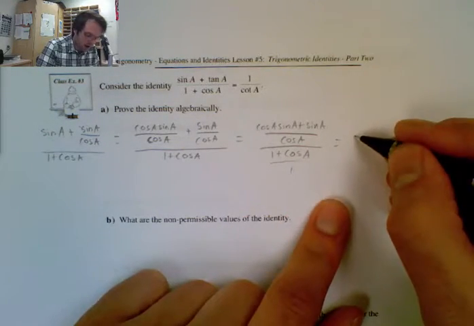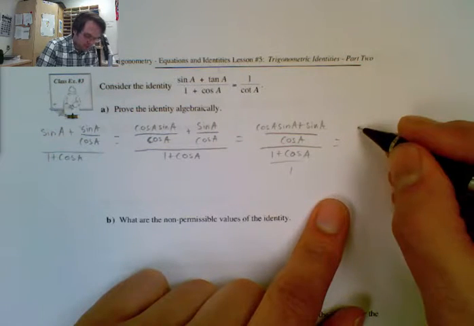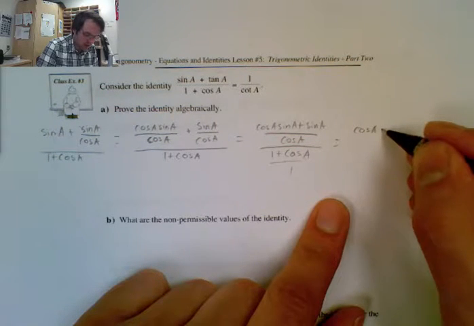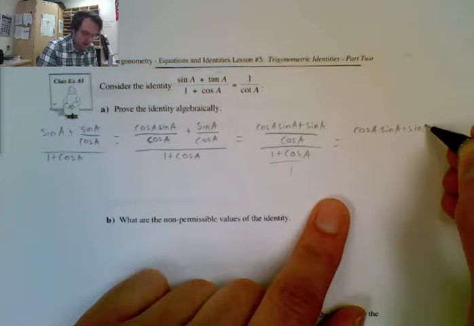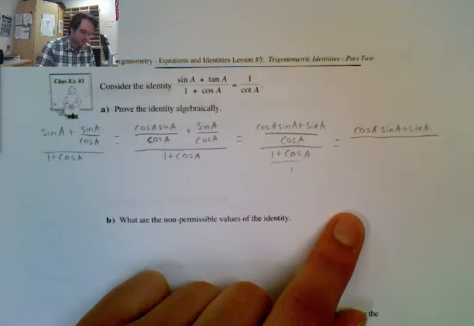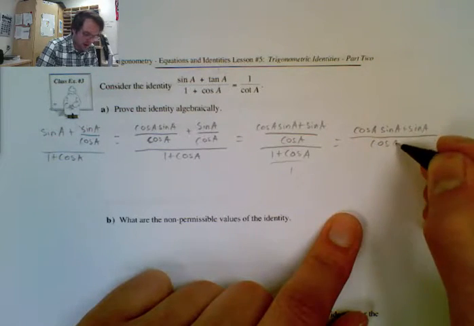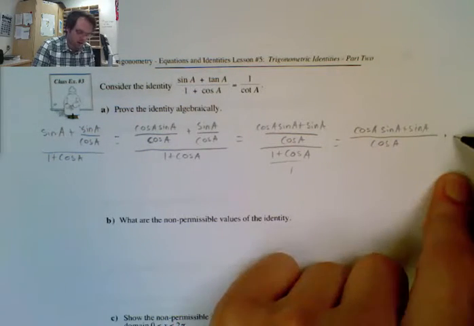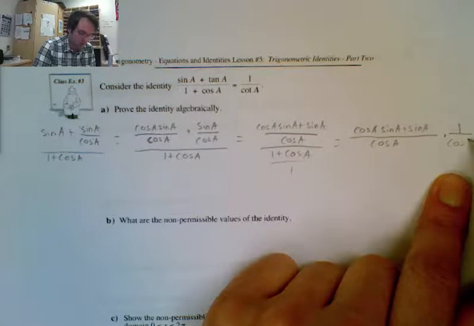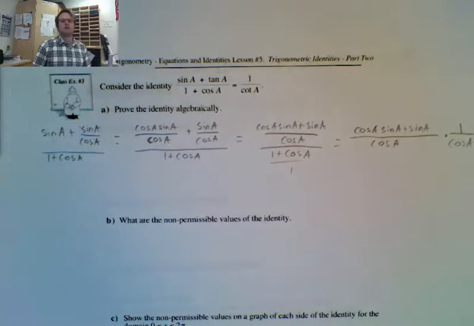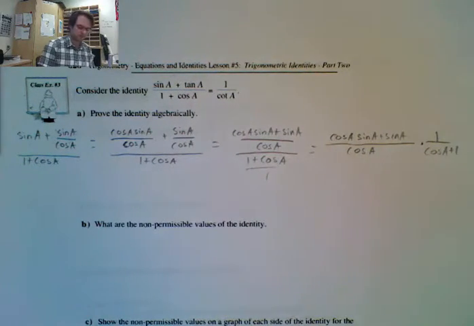So I'm going to have cos a sine a plus sine a all over cos a. And then we want to multiply this by 1 all over cos a plus 1.